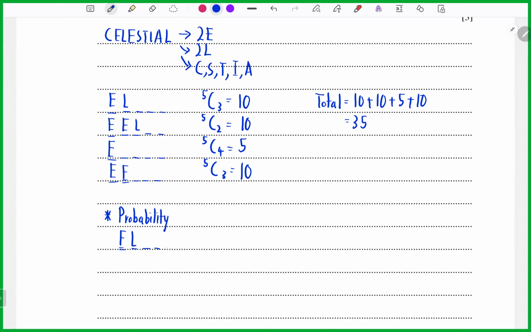Okay, so I'm trying to sketch to you. Okay, so you need to show 2C1, this for E, 2C1 for L, multiply 5C3. Okay, and then you take 2C2 multiply 2C1 multiply 5C2 equals to, okay, this for E, 2C1 multiply, okay, this time no L, so we can take 5C4.